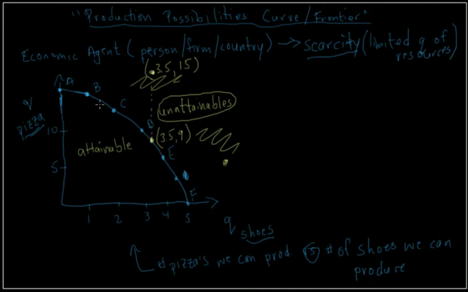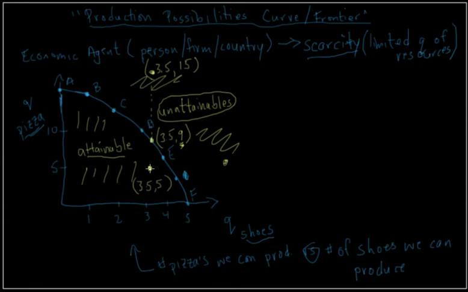Now, what do I mean by attainable? Attainable as within the curve, all these possibilities measured out in here. So say we're producing 3.5 shoes, but we're producing only 5 pizzas, and we saw before that we could actually produce 9.